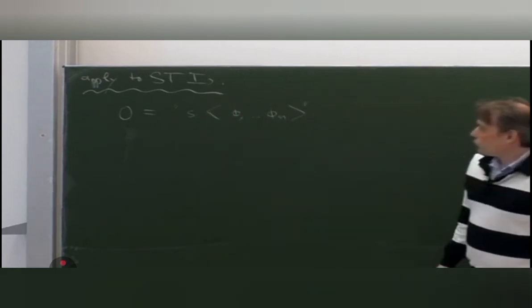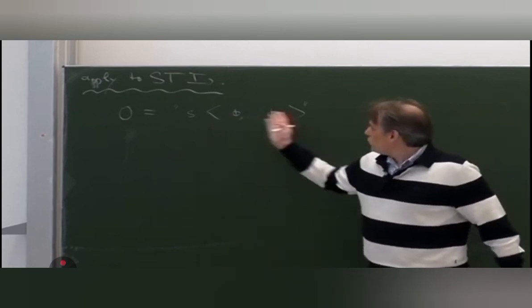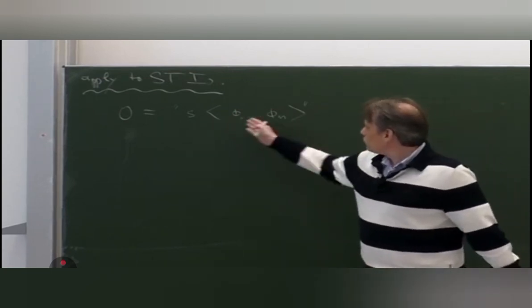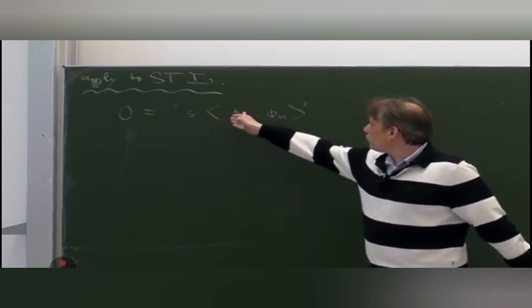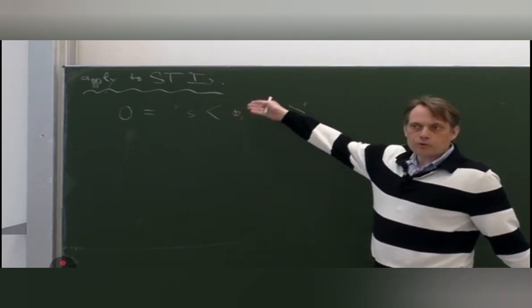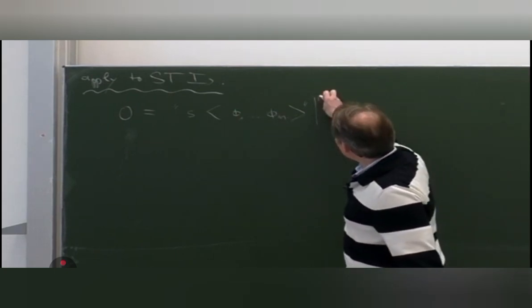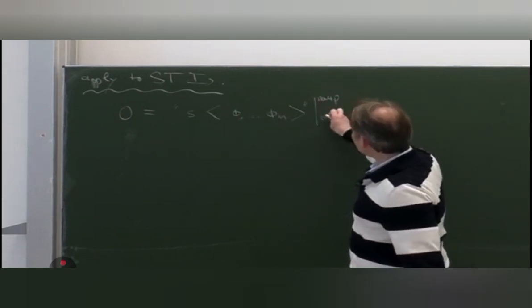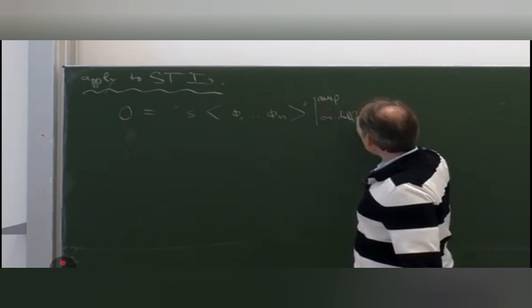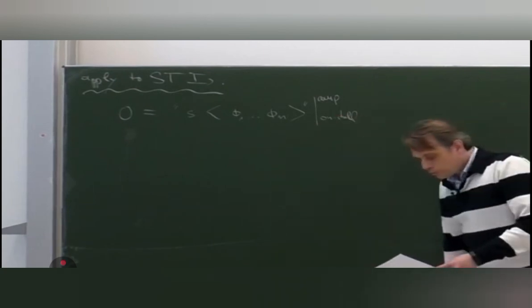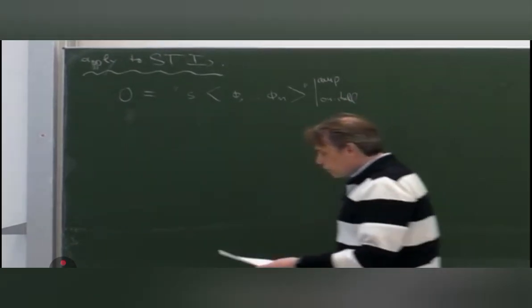This is a generic Slavnov-Taylor identity with this abbreviated notation, where the notation means that we apply all the BRS transformations of all the individual fields, and after doing it, we amputate the external legs and go on shell. So we apply this algorithm of multiplying with the inverse external propagators and then performing the limit of on-shell external momenta.